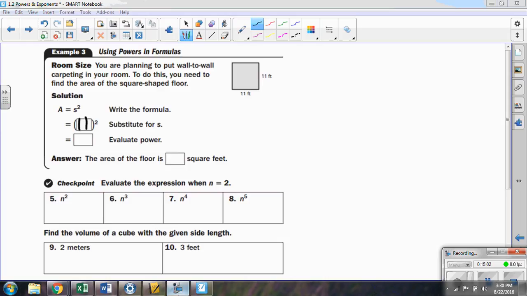It was our side length of 11. And so we have 11 squared, which we know is 11 times 11, and so we have to evaluate the power. What is 11 times 11? 121. And so we have our answer. The area of the floor is 121 square feet.